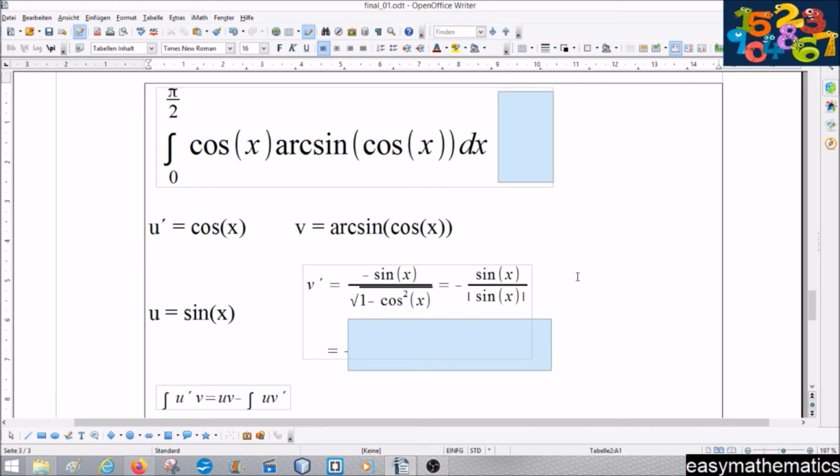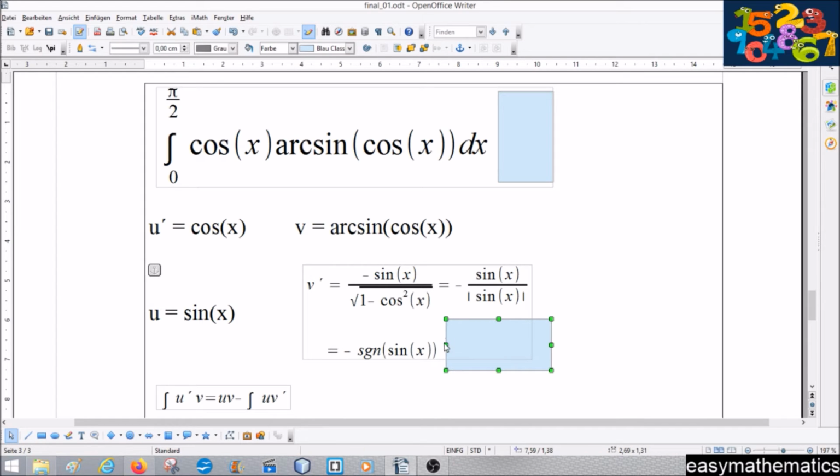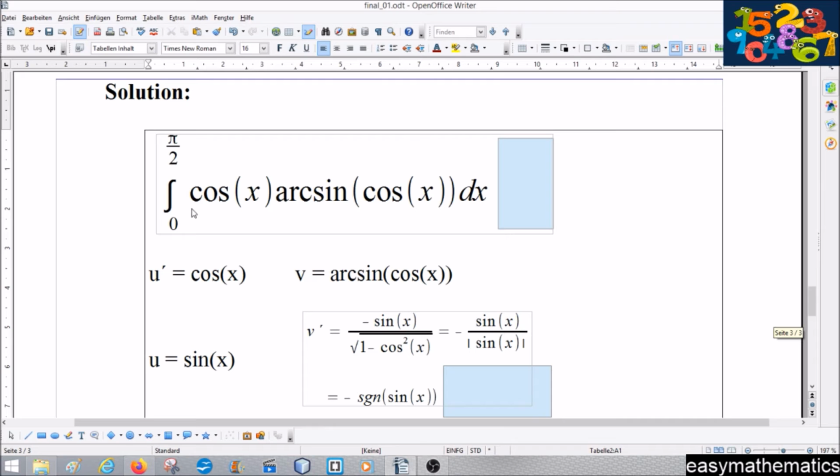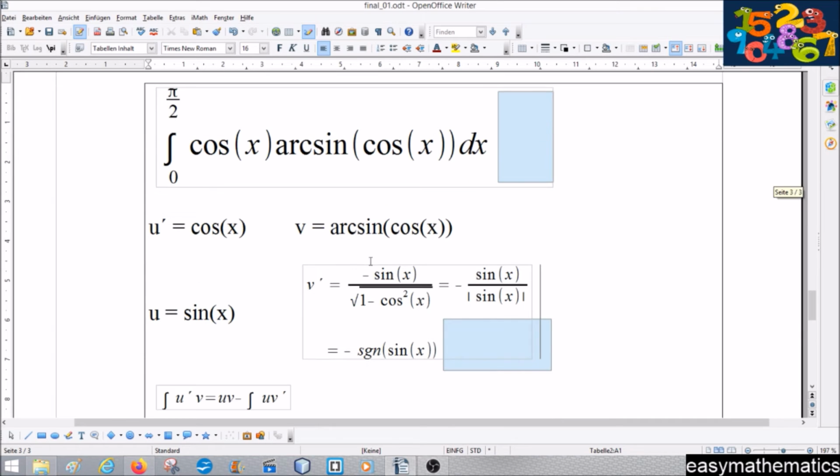And just seconds ago, x over the absolute value of x is the sign of x. So here we have minus the sign of sine x, and this becomes more beautiful if we consider our interval from 0 to pi over 2.